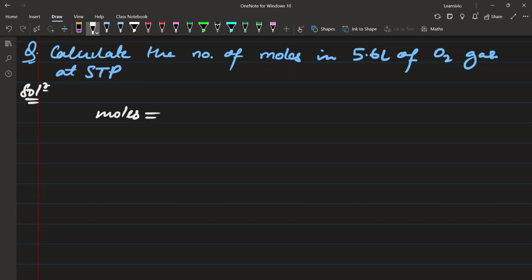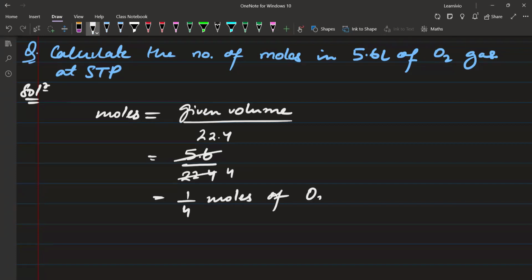Moles will be equal to given volume upon 22.4. Given volume is 5.6, divided by 22.4. If you multiply 5.6 by 4, it will be 22.4. So it will be 1 by 4 mole of gas. Copy this down, raise your hand once you're done.